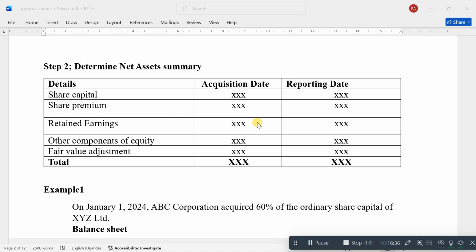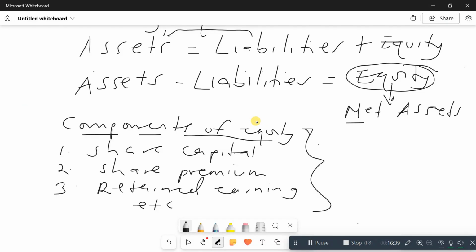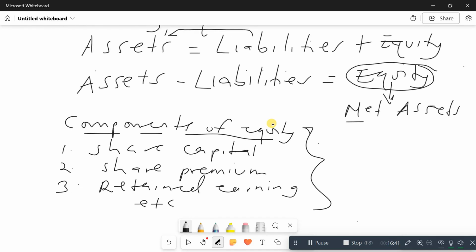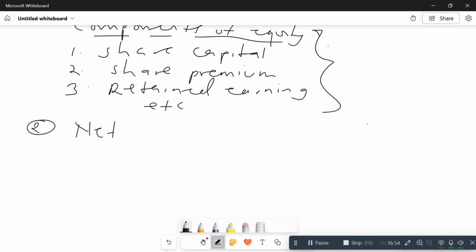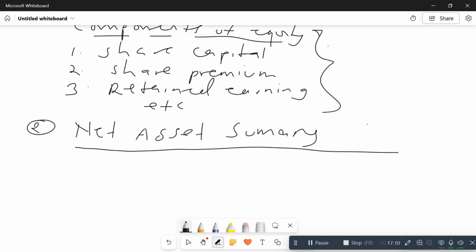It's a simple format. We shall have step 2, net asset summary. And under net asset summary, I told you we can just summarize in a simple table. You have to be more organized than me.